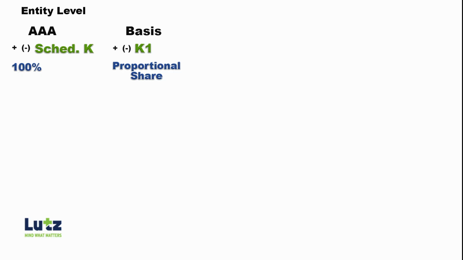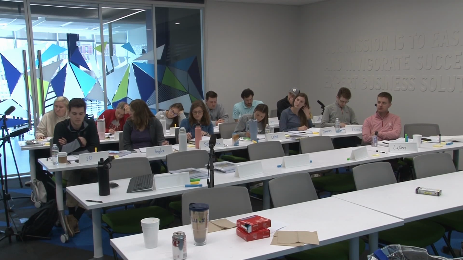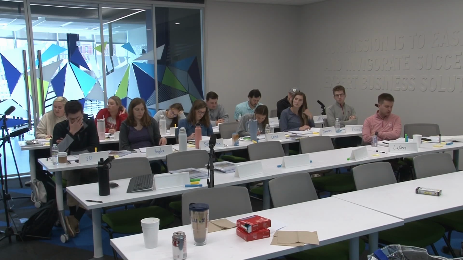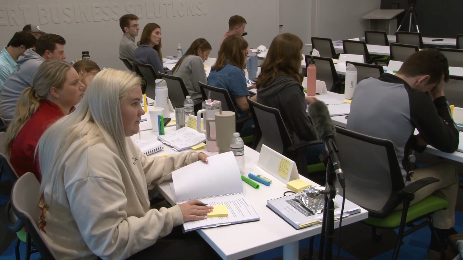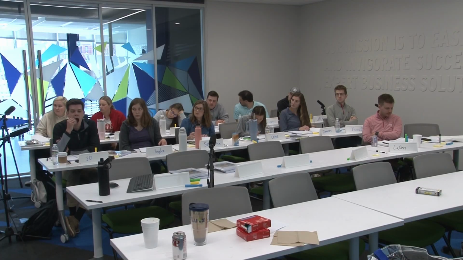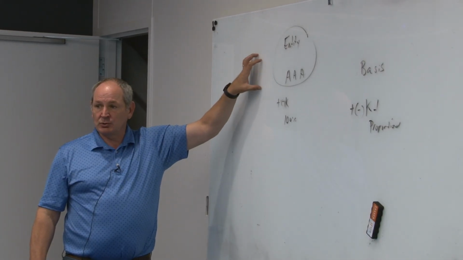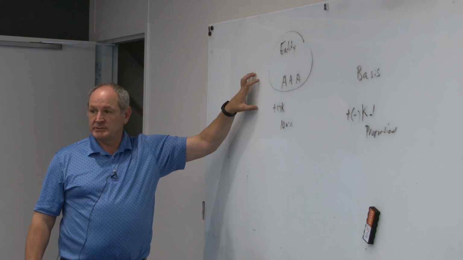And C1 was what, Tatum? 1368 C1? AAA. Just read it. Portion of the distribution which doesn't exceed the AAA shall be treated in the manner provided by B. Point you back to B. So this entity level AAA is a guidepost to say how much of our distribution is allowed to be treated under ordinary distribution rules.